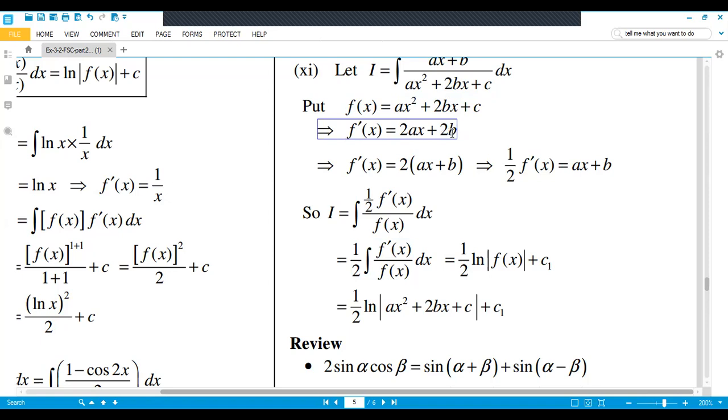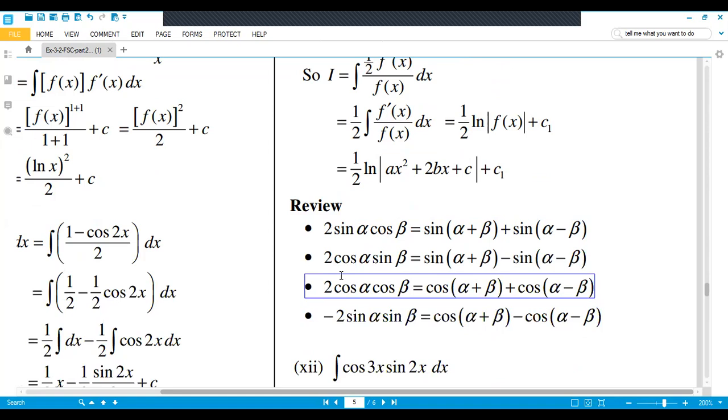Its derivative is present in the numerator, but only 2 is missing. So what will we do? We multiply and divide the function by 2. The division stays outside, and the multiplication by 2 goes with the numerator, making f prime of x, 2ax plus 2b. So the answer is natural log of ax square plus 2bx plus c.